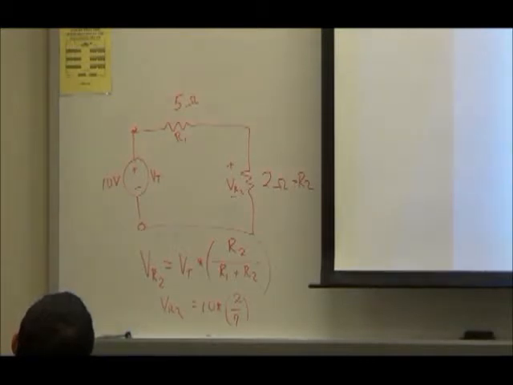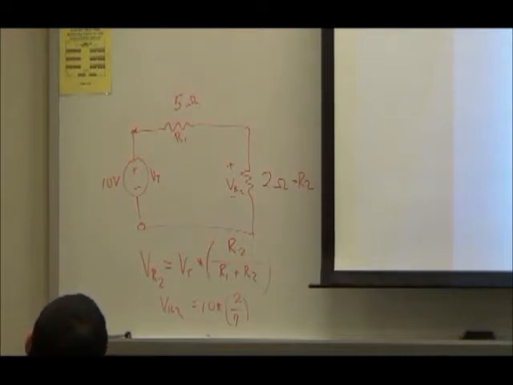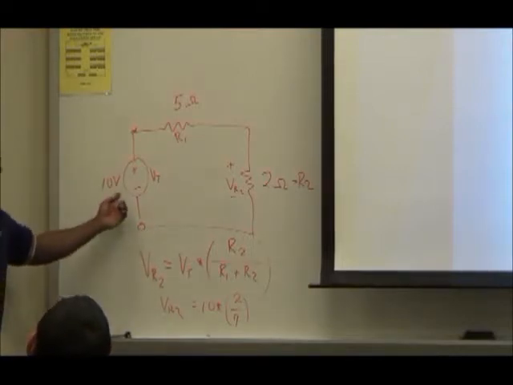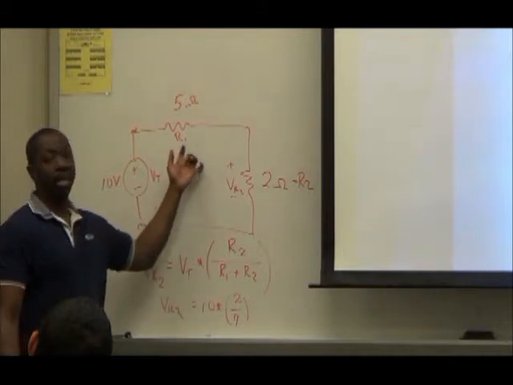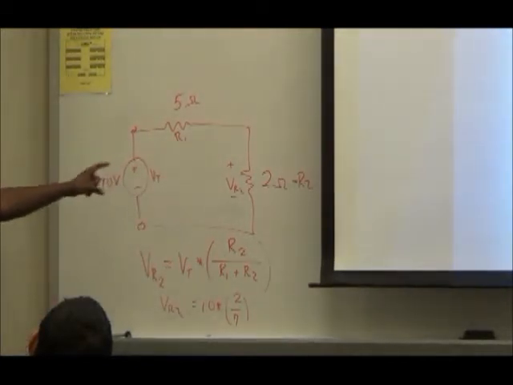If you happen to have 3 resistors in series, and you want to find the voltage that's dropped across one of them, and they all happen to have the same resistor value, then the voltage that's being supplied here is going to be evenly distributed, or not dissipated, but dropped across each of them.